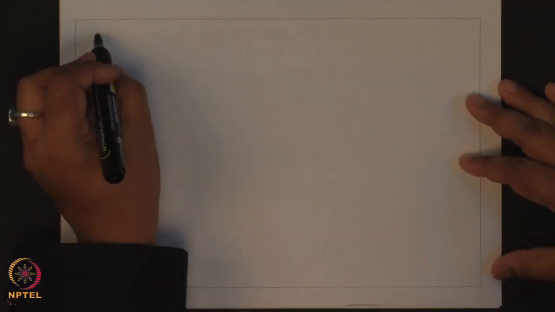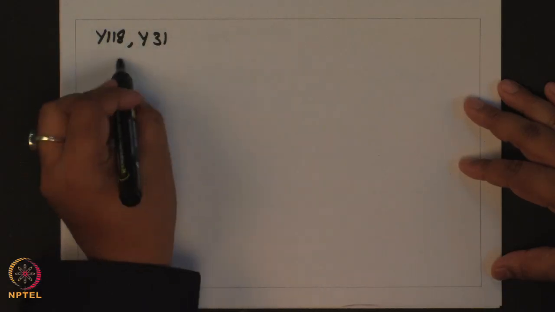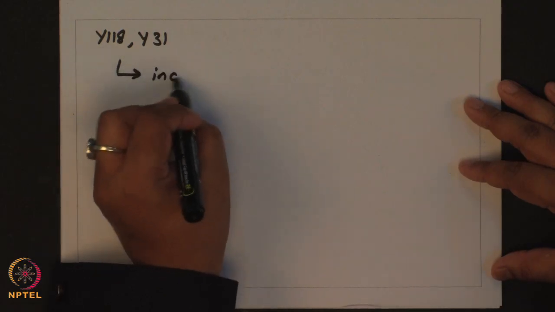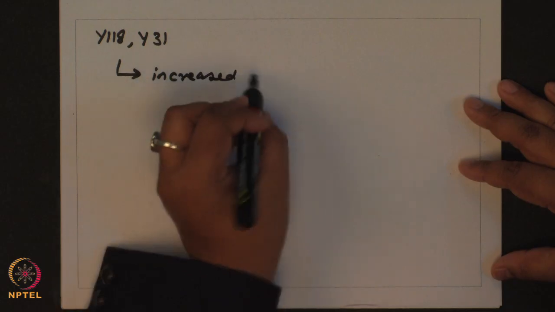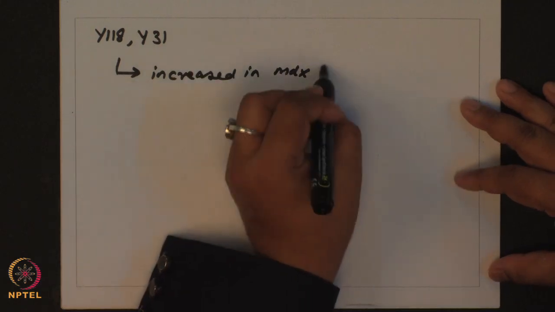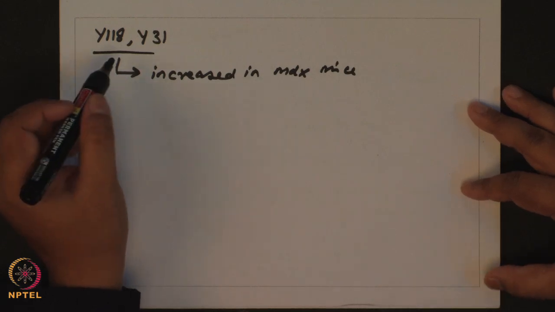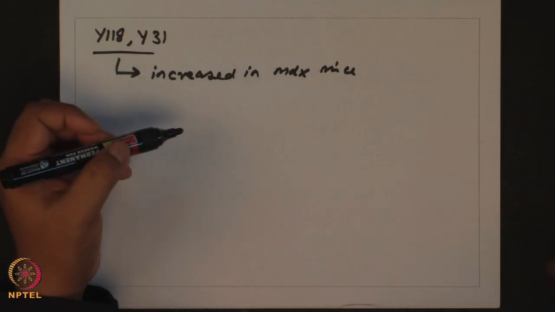And Paxillin has two phosphorylation sites at tyrosine 118 and tyrosine 31. These are increased in MDX mice. So, phosphoscreen revealed an increased amount of Paxillin signaling in MDX mice.